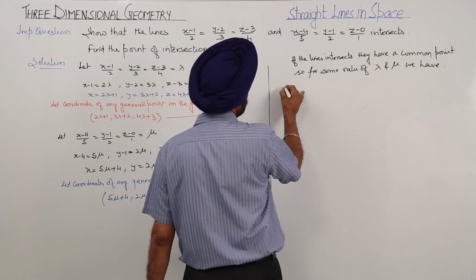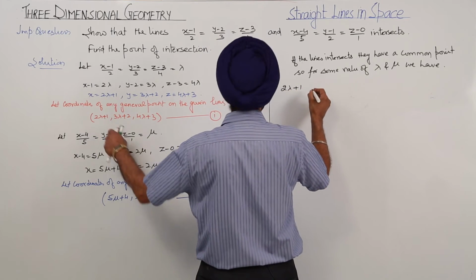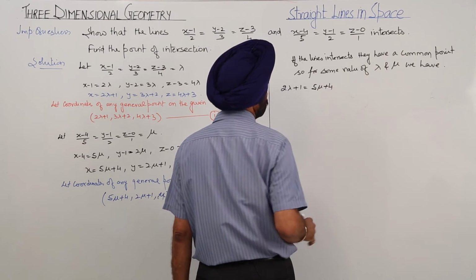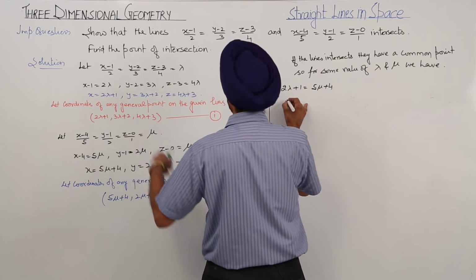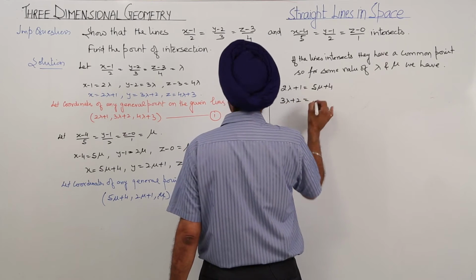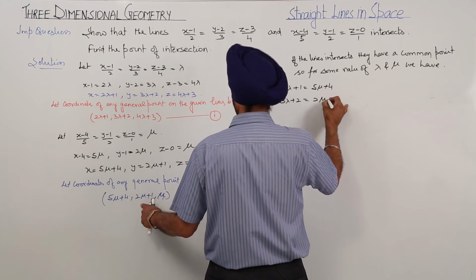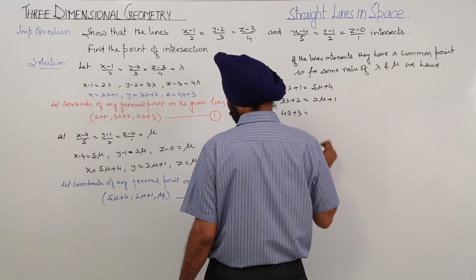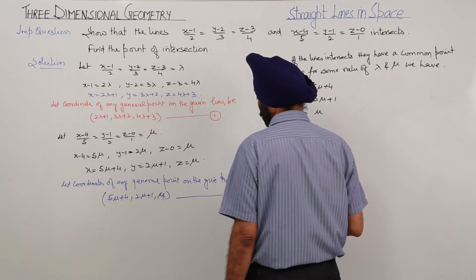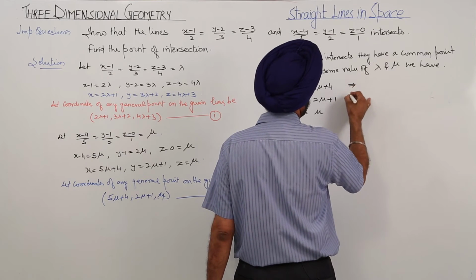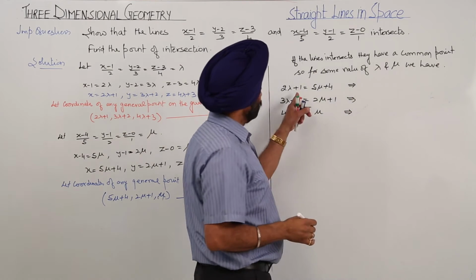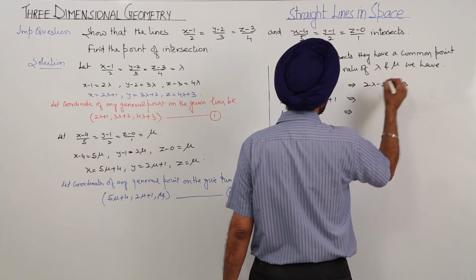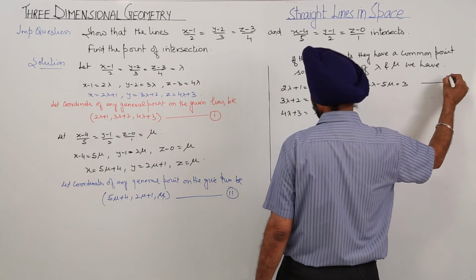So now we have 2 lambda plus 1 = 5 mu plus 4, then 3 lambda plus 2 = 2 mu plus 1, and 4 lambda plus 3 = mu. On simplifying, we have 2 lambda minus 5 mu = 3, let this be equation 3.